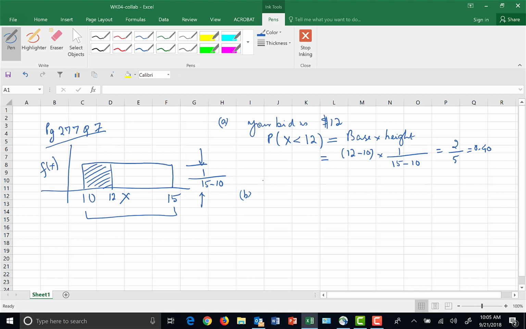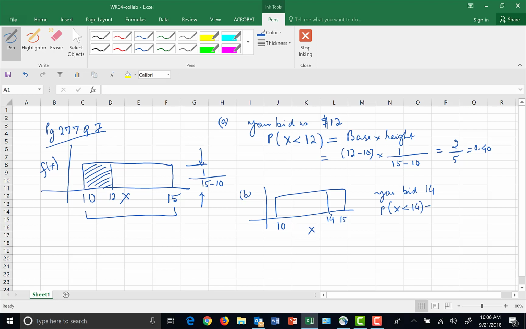Part B says, suppose you bid 14,000. What is the probability that your bid will be accepted? Again, you draw a little picture. So here's the competitor's bid, which can be anywhere from 10 to 15. If you bid $14,000, which is here, let's say roughly, then you will win if your competitor bids less than 14. So what is the probability that the competitor bids less than 14?